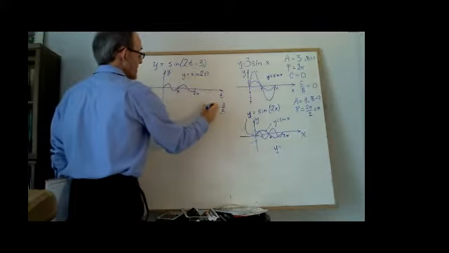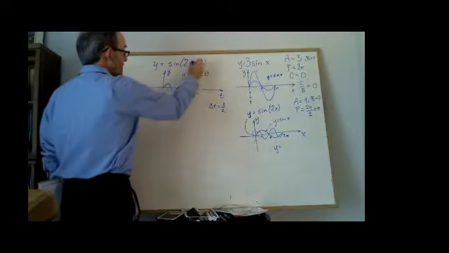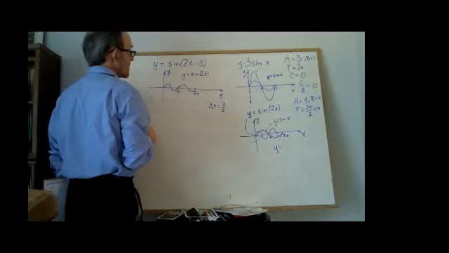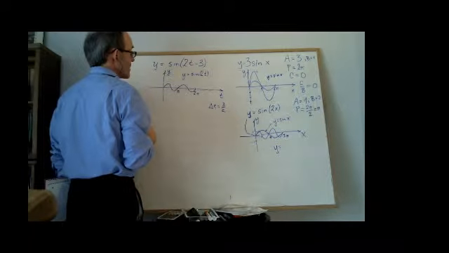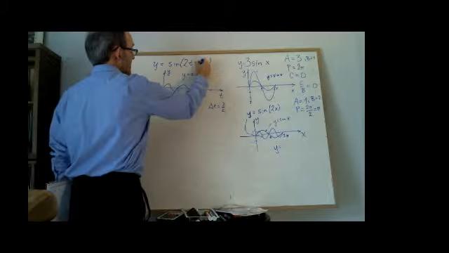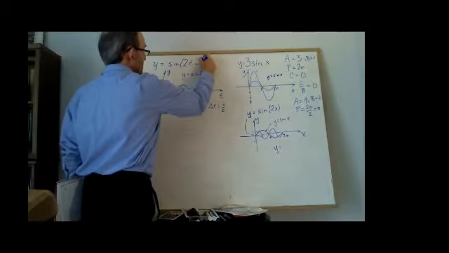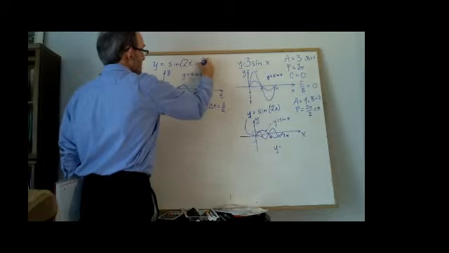So the actual phase shift is minus 3. Actually, that's going to be a bit complicated, so I should make it a multiple of pi here. So let's make it 3 pi over 2.